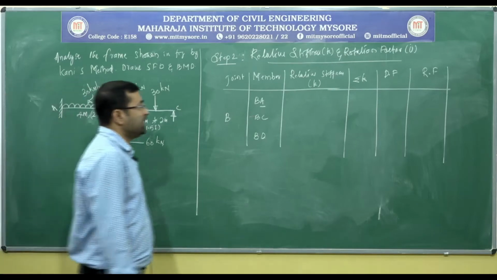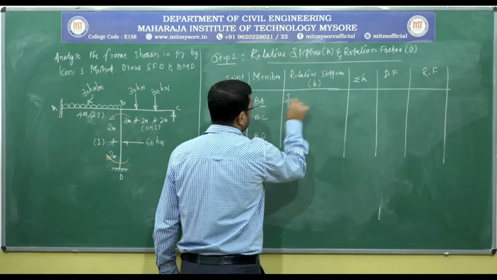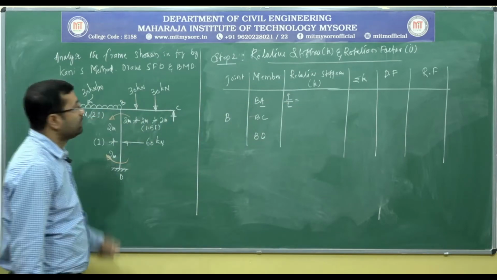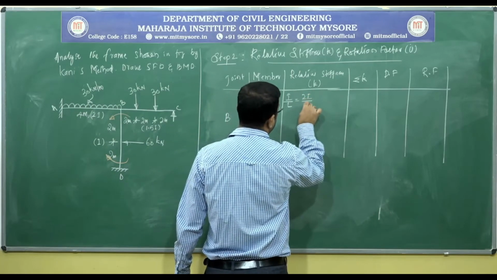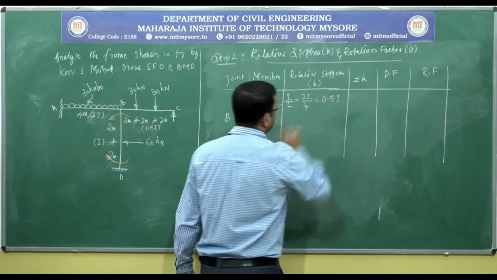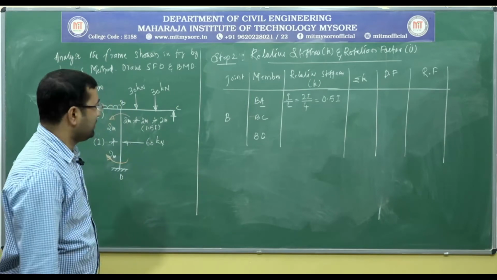So for a fixed far end condition, the relative stiffness is I by L. The I value for the BA member is 2I, span is 4, so it is 0.5 I. The relative stiffness for member BA is 0.5.